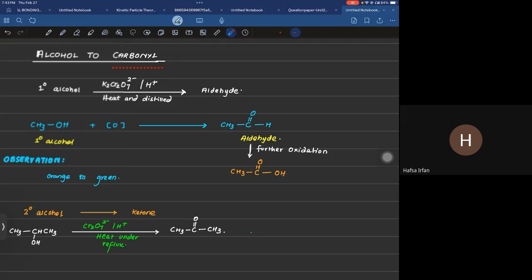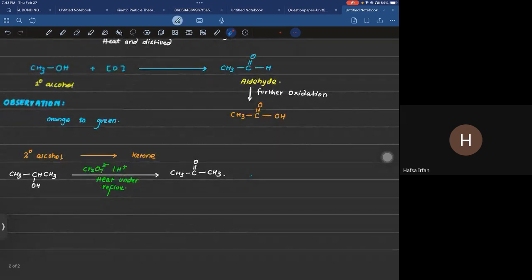Okay, so aldehyde can be oxidized further, but if you have produced ketone, then ketone cannot be oxidized further. That's the main point जो कि आपको पता होना चाहिए. So this product cannot be oxidized further. सही है जी. ओके, अच्छा, you know why it cannot be oxidized?